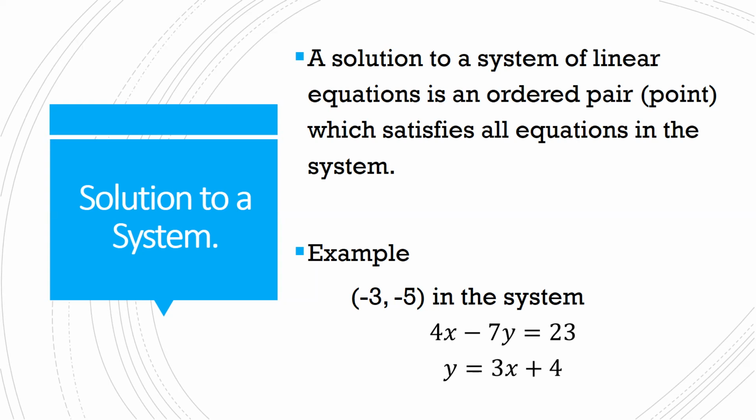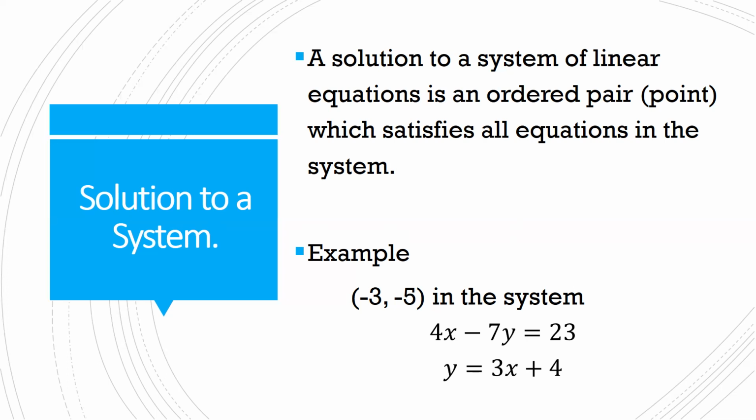In other words, the more variables, the more entries in a point. But for the most part, we're going to look at systems of linear equations in 2 variables, and then we'll expand that to 3 at the very end.